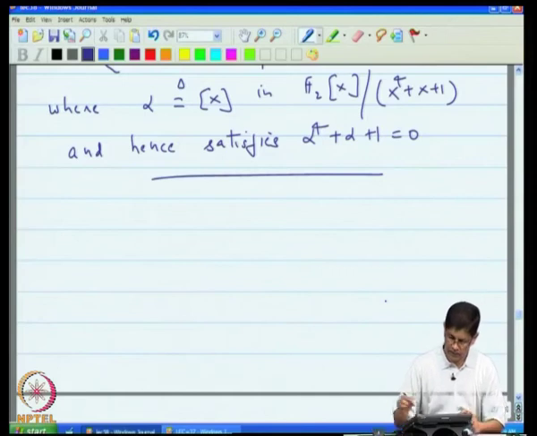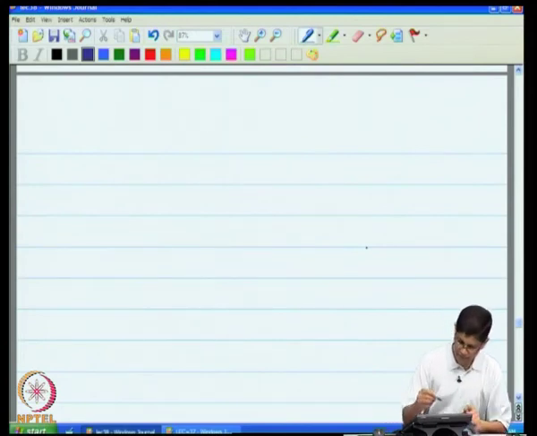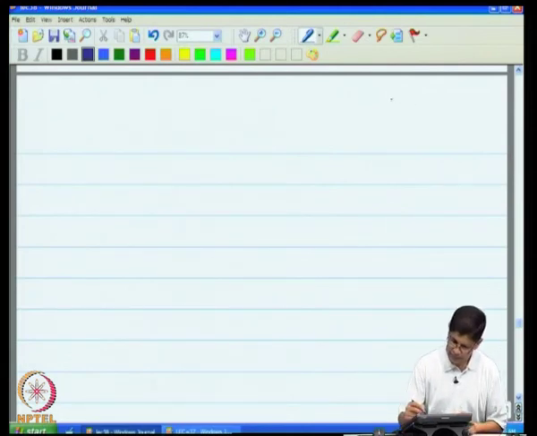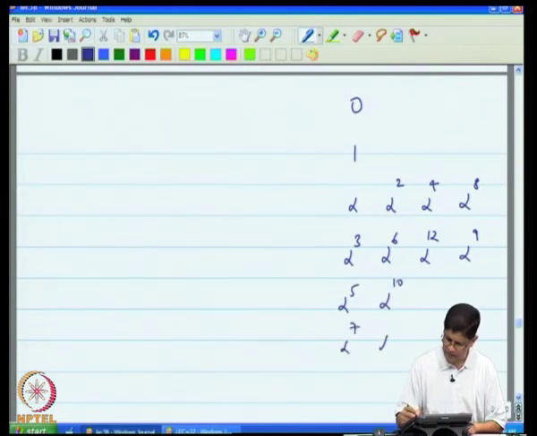Now, it turns out that if you can organize the elements in the finite field in the following way, take the element 0, you have 0, you have 1, you have alpha, alpha squared, alpha 4, alpha 8, alpha cubed, alpha 6, alpha 12, alpha 9, alpha 5, alpha 10, alpha 7, alpha 14, alpha 13, alpha 11.